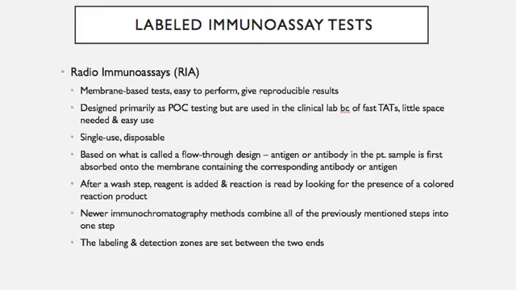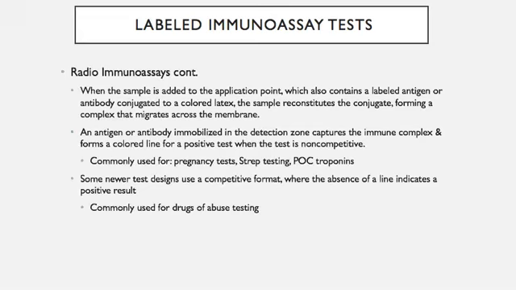An antigen or antibody immobilized in the detection zone captures the immune complex, forming a colored line for a positive test when the test is non-competitive. So this is the methodology behind when we do pregnancy tests, strep tests, point of care troponins. So that's the idea behind those types of tests.